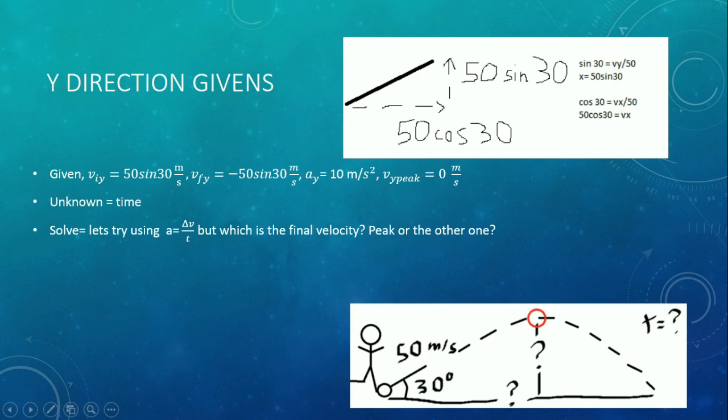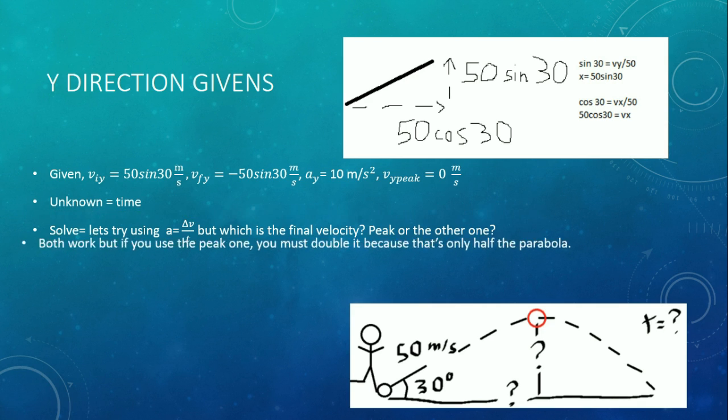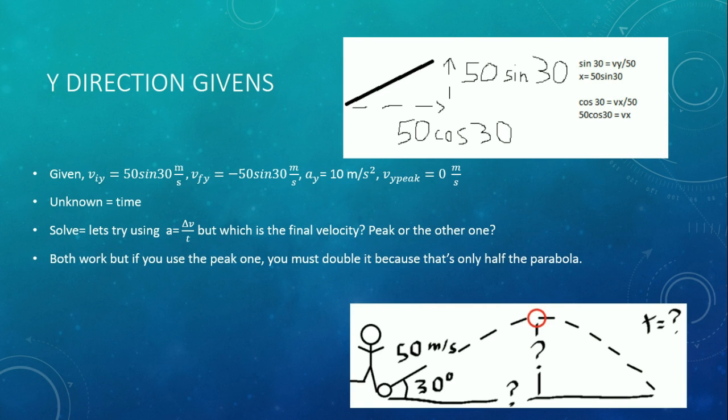You can change what you call which point, as long as you stay consistent when you're doing the calculations and follow through until you're done. It does not matter. So I'm going to solve it using both ways to show you. You just have to double the peak velocity because this is half. So remember to double the peak one if you used it.